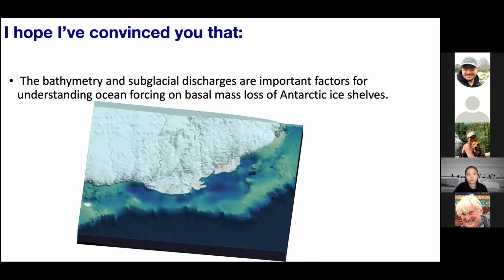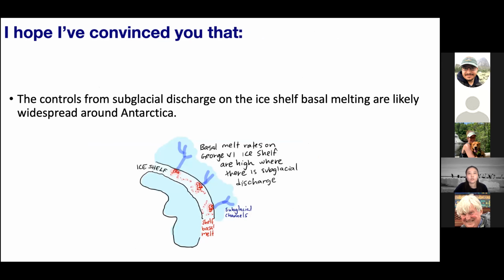So I hope I have convinced you that the bathymetry and the subglacial discharges are important to understand ocean forcing and subglacial discharge forcing on the mass loss of Antarctic ice shelves. And also the control from subglacial discharge on the ice shelf basal melting are likely widespread around Antarctic.